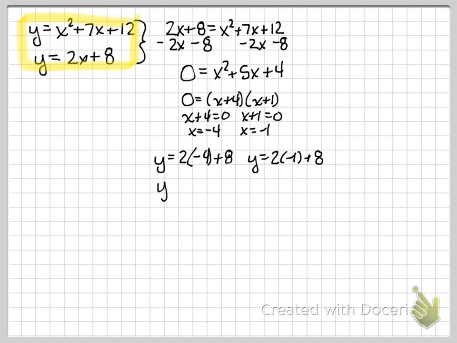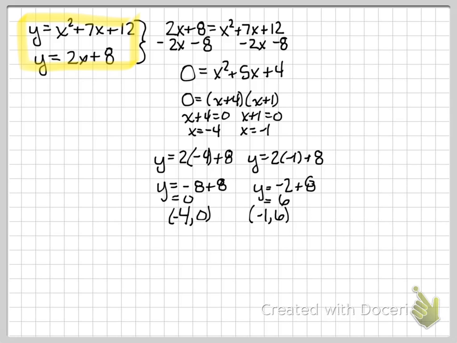And I get y equals negative 8 plus 8. Well, that's just 0. So my solution is negative 4, comma, 0. Over here, I get y equals negative 2 plus 8. Well, that's just 6. So my solution is negative 1, comma, 6.